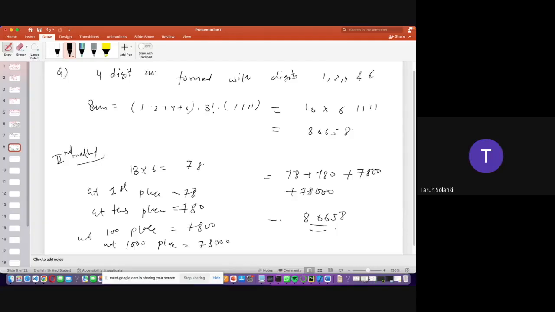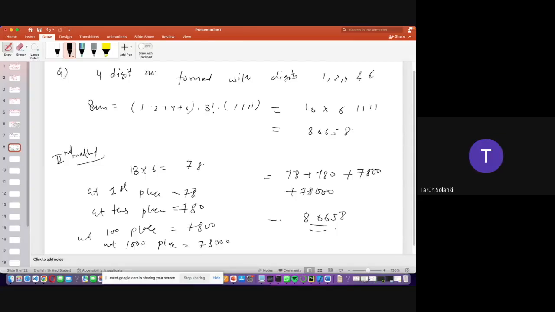Okay, meaning first you need to find the total four digit numbers, which will be 4 factorial, that is 24. So every digit will occur 6 times at every one of the four places. Now the sum of the given digits will be 1 plus 2 plus 4 plus 6, so that will be 13. So the sum of all digits at every place of all 24 numbers, that is 13 into 6, will become 78.